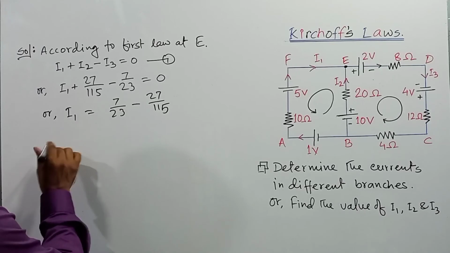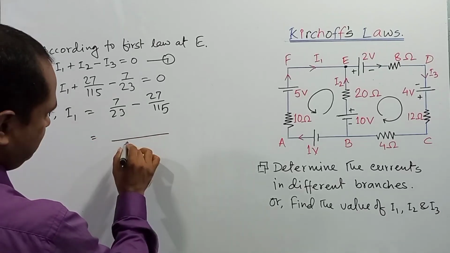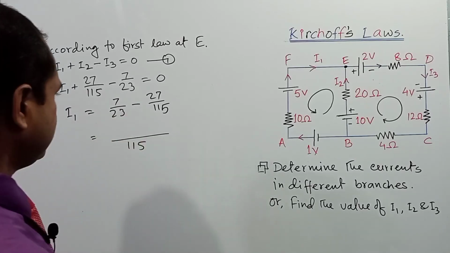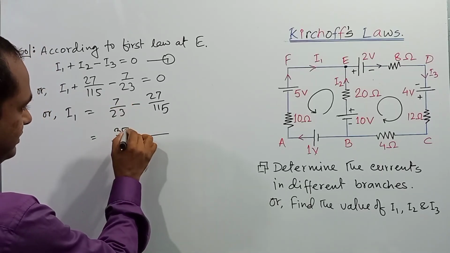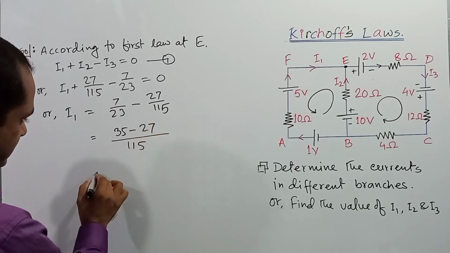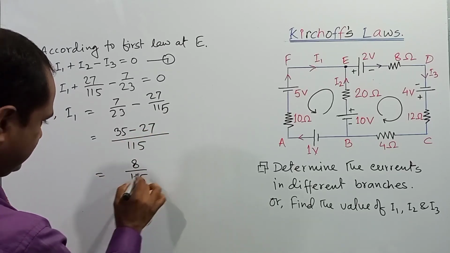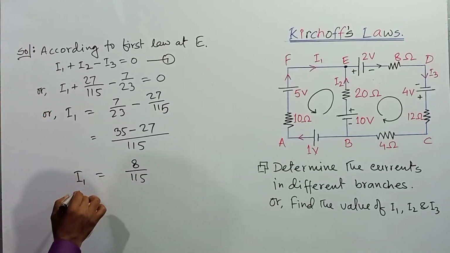The LCM will be 115. If we divide 115 by 23, it will be 5 multiplied by 7, 35 minus 27. So after the calculation, you will get 8 divided by 115. So this is the value of I1, right?